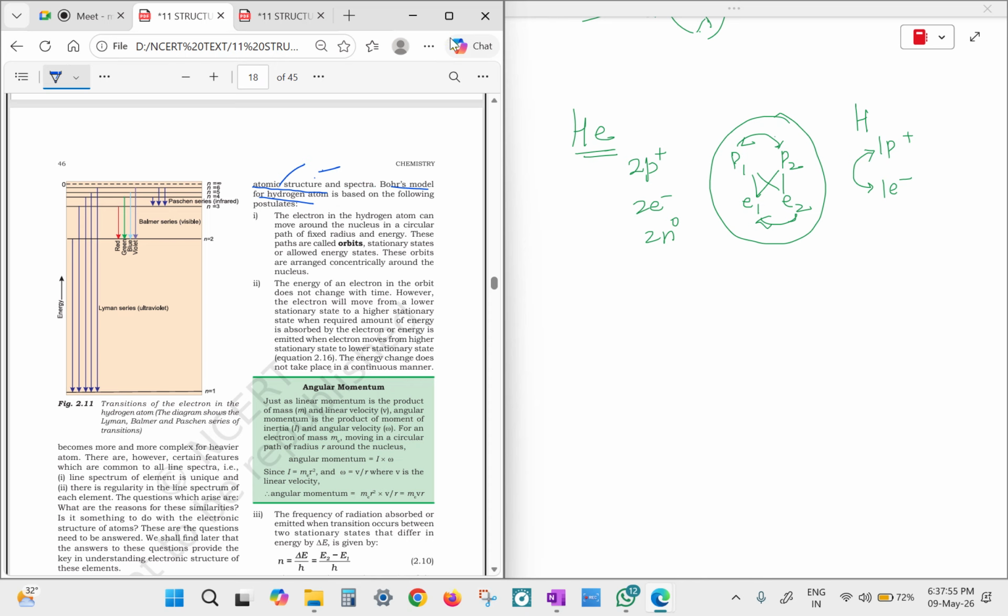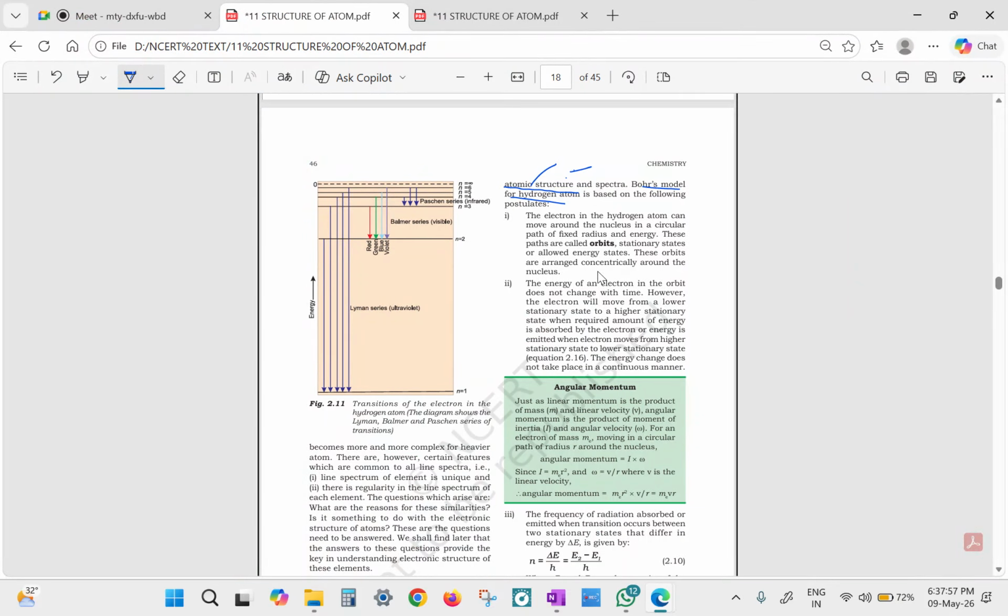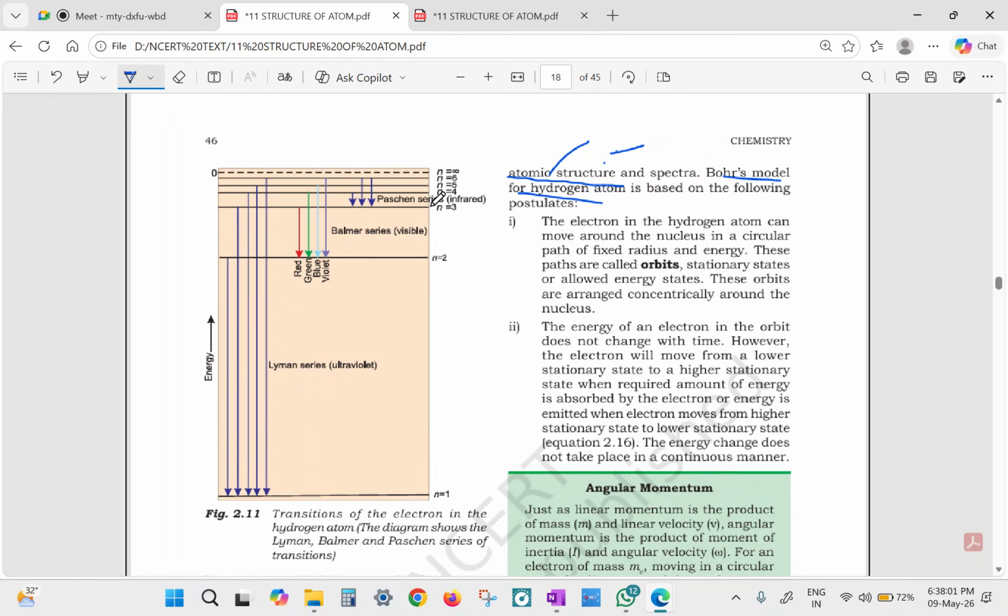So whatever we have understood so far, Bohr's model suggests that the electron in the hydrogen atom can move around the nucleus in circular paths of fixed radius and energy. These paths are called orbits, or stationary states, or allowed energy states.